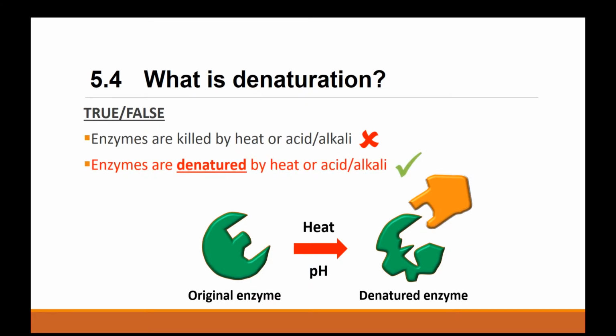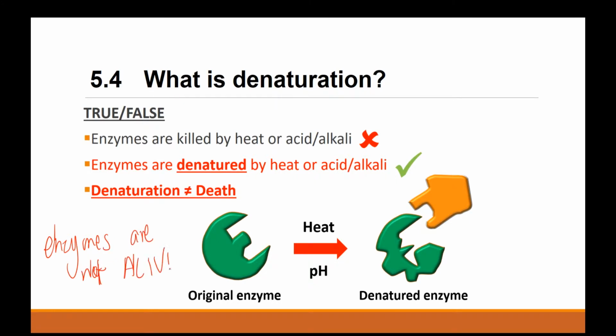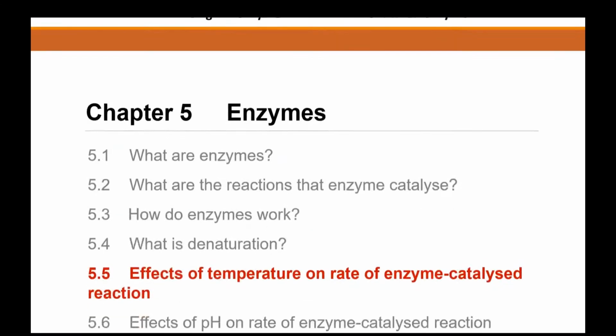We say that enzymes are denatured by heat or acid and alkaline, because denaturation is not the same as death. In fact, enzymes are not even alive. If something is not alive, it's just a protein. You know, the protein inside your meat is not alive, right? It's just a chemical. If enzymes are not alive, how can they die, right? So we say that enzymes are denatured by heat or acid and alkaline.